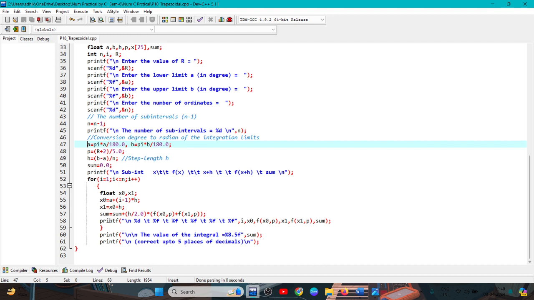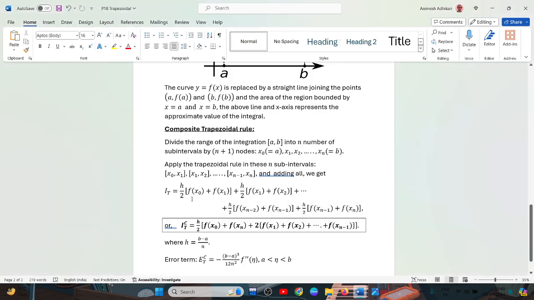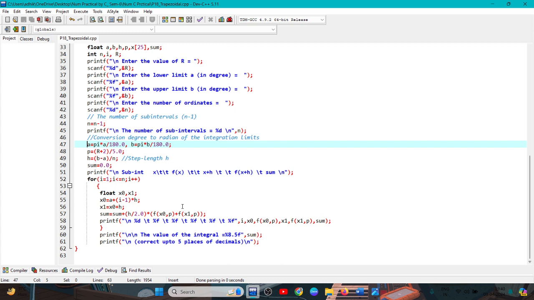So the new sum equals the previous sum, which is 0, plus h by 2 into fx0 plus fx1. So this is h by 2 fx0 plus fx1 when i equals 1, and print this i, x0, fx0, x1, fx1 and sum.